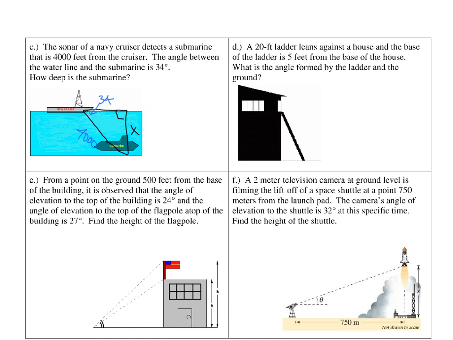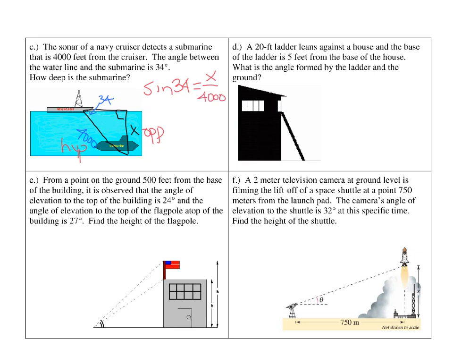Based on this information, this is the hypotenuse and this would be the opposite. So if I have opposite and hypotenuse, I'm using sine. So sine of 34 degrees is equal to opposite over hypotenuse.